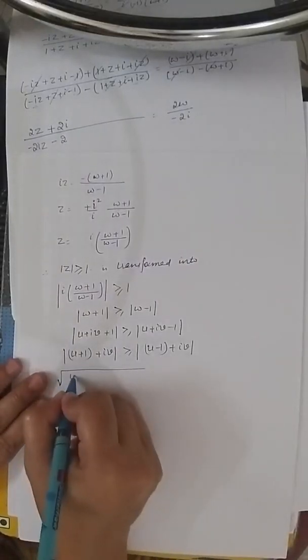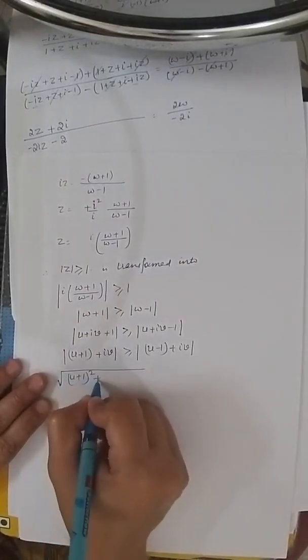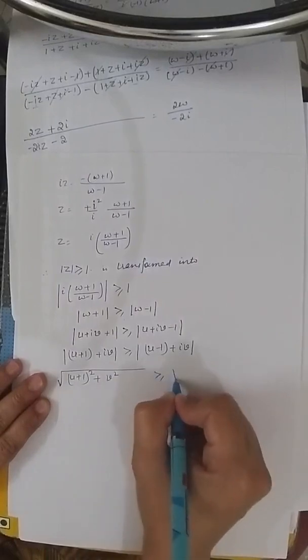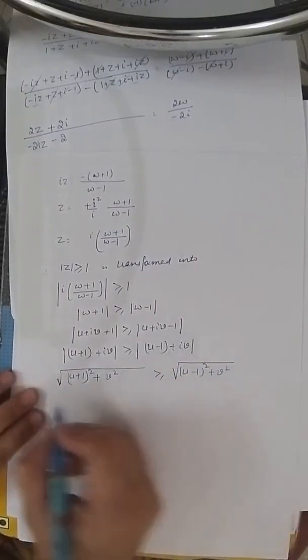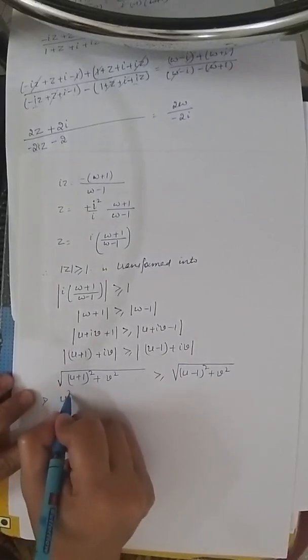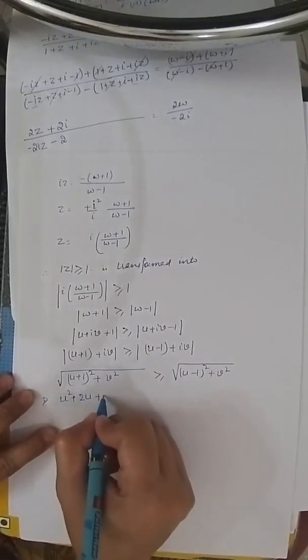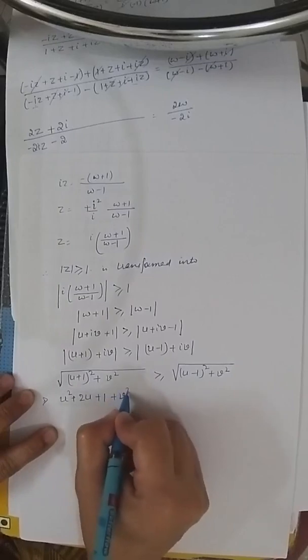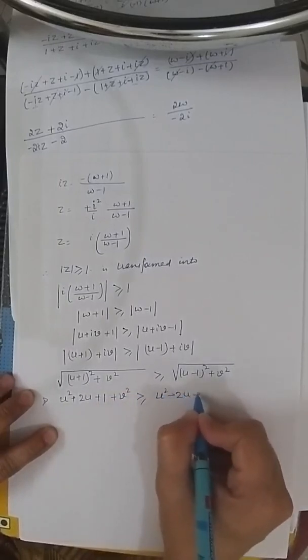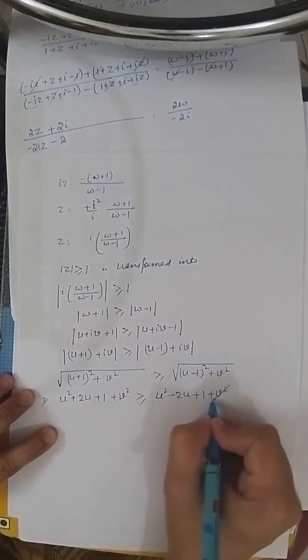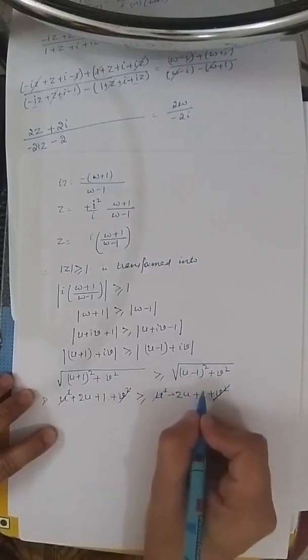That is √((u+1)²+v²) ≥ √((u−1)²+v²). Squaring both sides, you will get u²+2u+1+v² ≥ u²−2u+1+v². Now these terms cancel out.